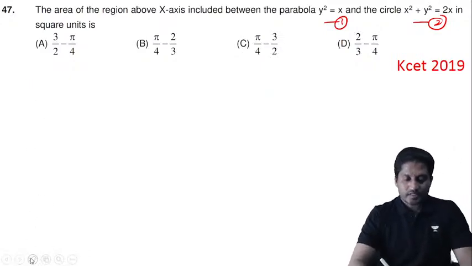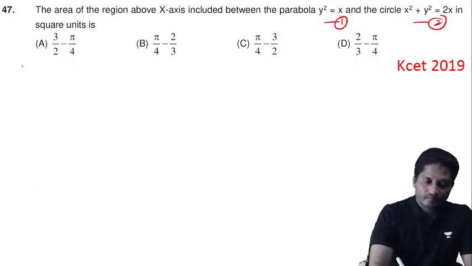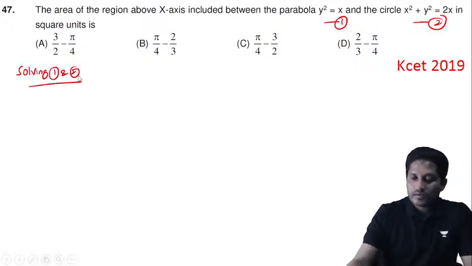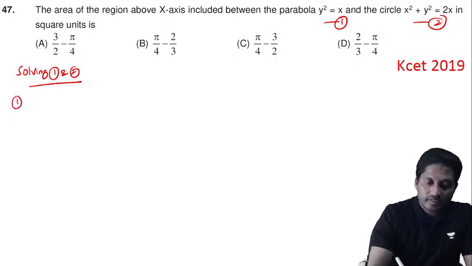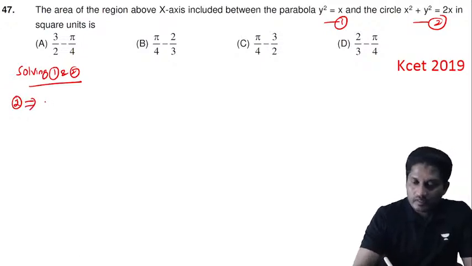If I am solving equations 1 and 2, you take the value of y square and substitute in equation 1. So equation 2 becomes x square plus y square itself is x is equal to 2x.